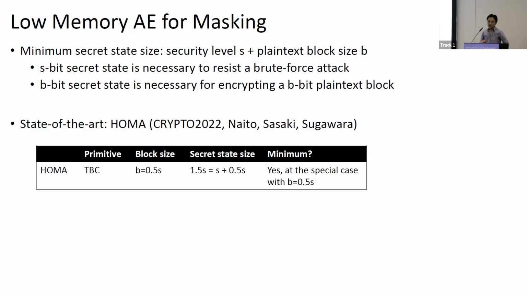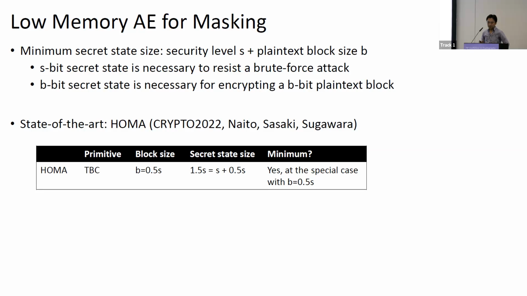HOMA is an existing masking-friendly AE scheme. It uses a tweakable block cipher, and the plaintext block size is half of S bits for security level S, and the secret state size is 1.5 S bits.